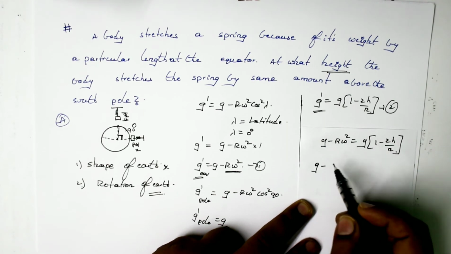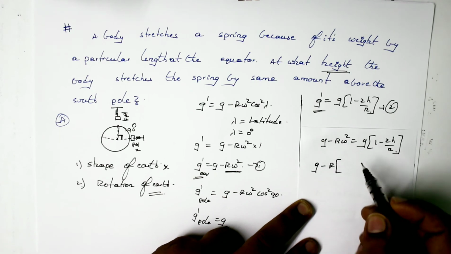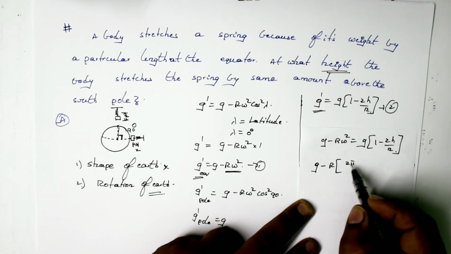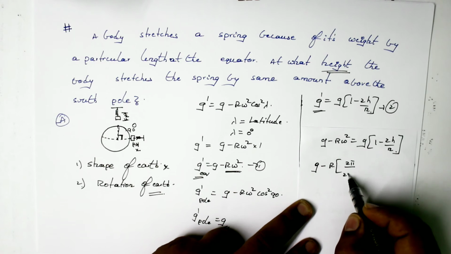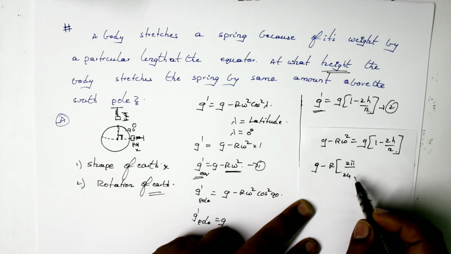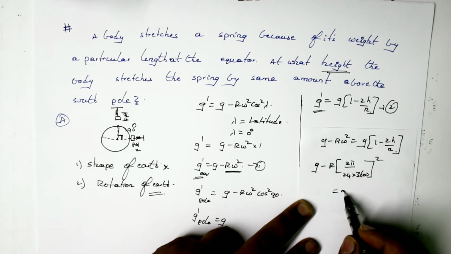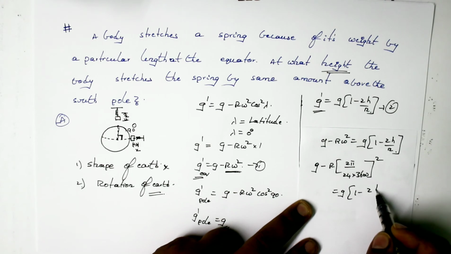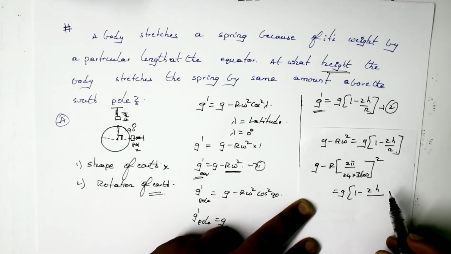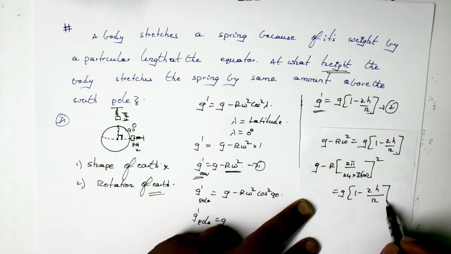So g minus R, where omega is 2 pi by T. T is 24 hours, the time taken for rotation of the earth. But it is in hours, so we convert into seconds, that is 3600 seconds, whole square, is equal to g into 1 minus 2h divided by R. Okay.